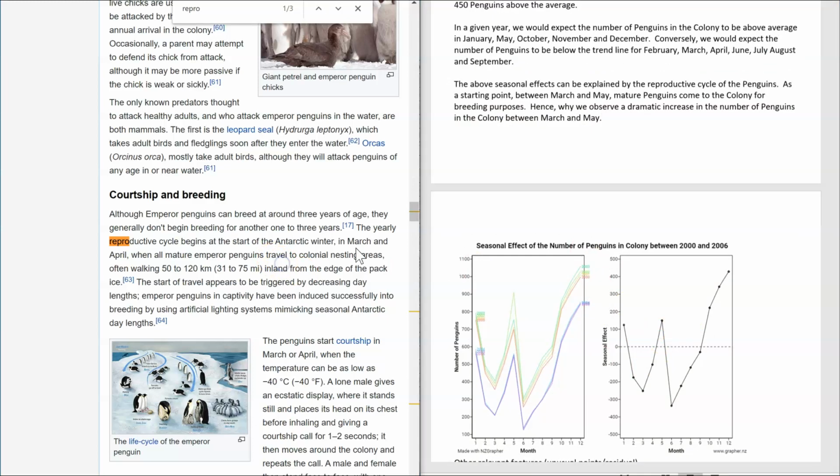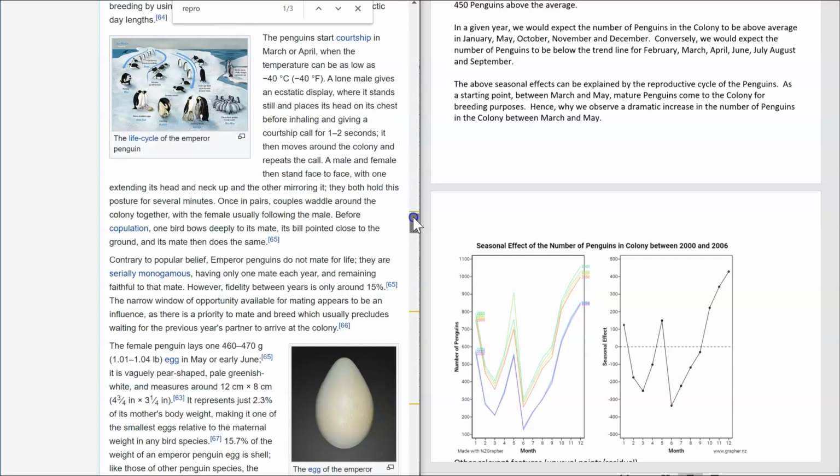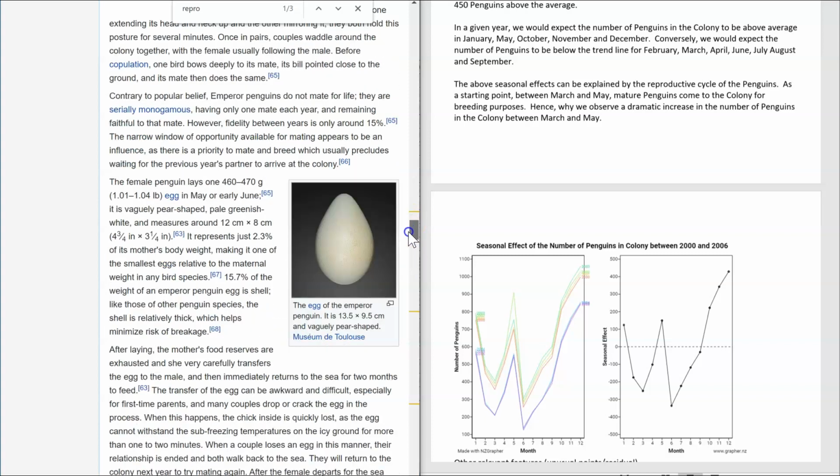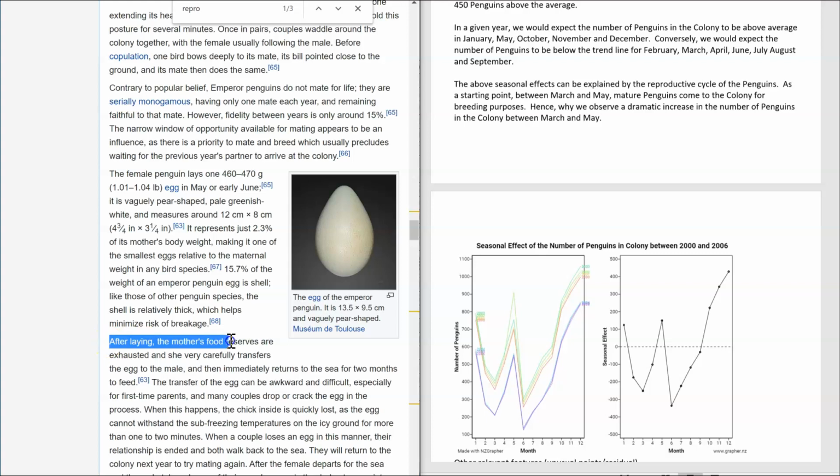So let's keep reading. And if we scroll down, I did read before that the females lay one egg in early May or June, and that represents a significant portion of the body weight. And the key thing is, after laying, the mother's food reserves are exhausted and they immediately return to sea for 2 months.